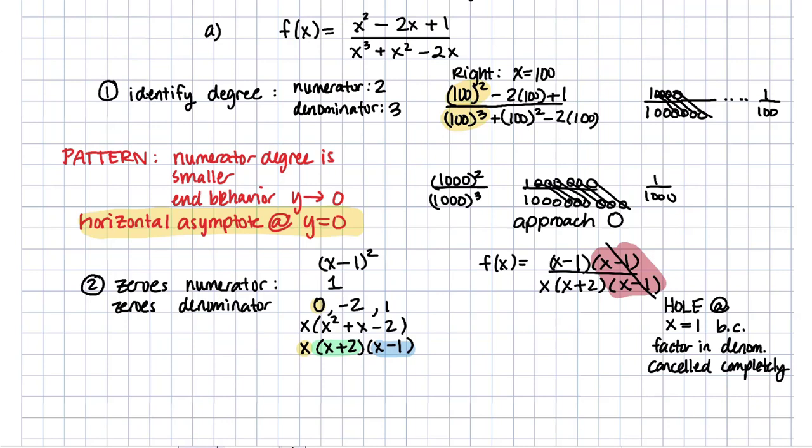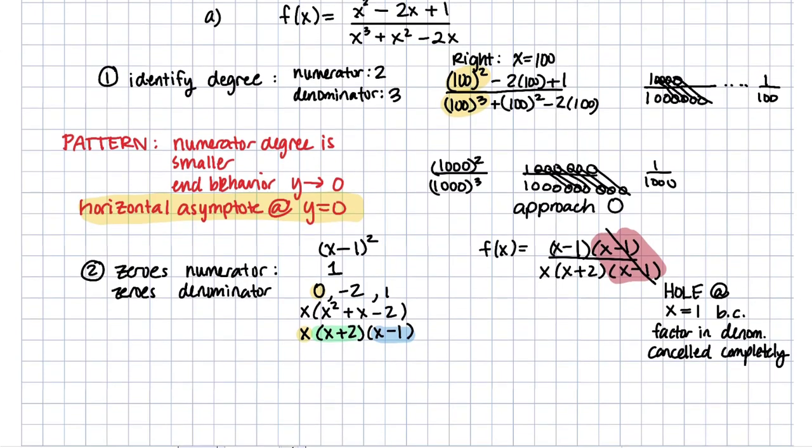Okay. And again, I'm kind of letting you use a little bit of patterns here, but if you checked me with a t-chart and started plugging in x values really close to 1 on the left and right, you'll notice that we're approaching a particular finite number, like they're getting closer and closer to a set number. Okay, so we have a hole there.